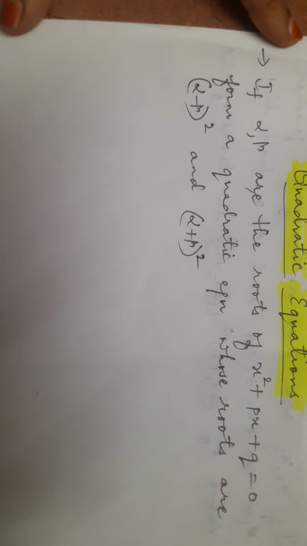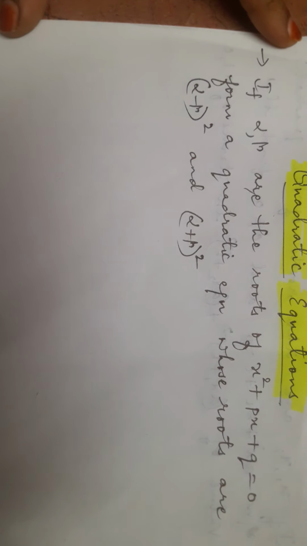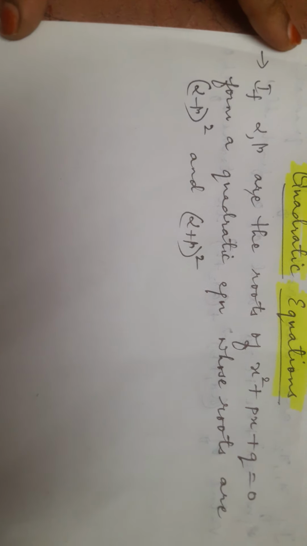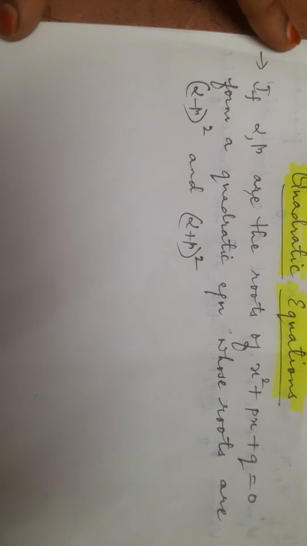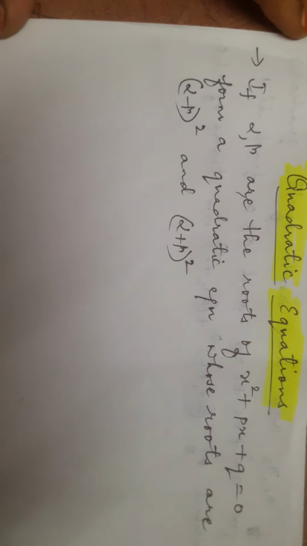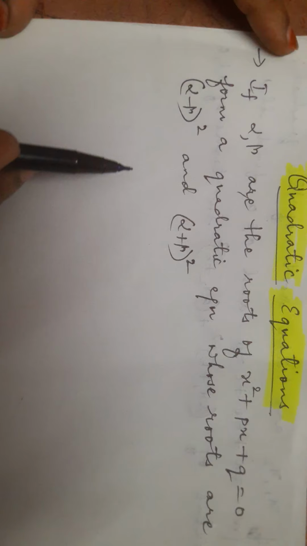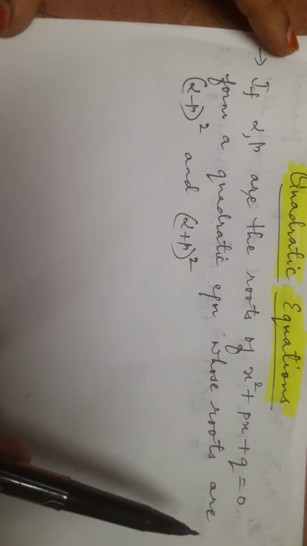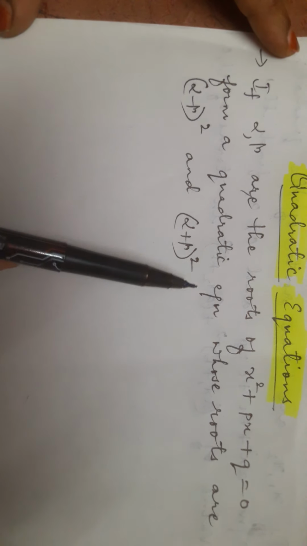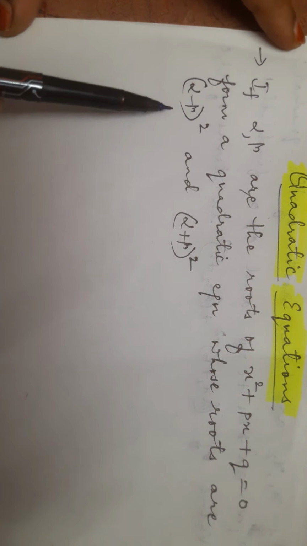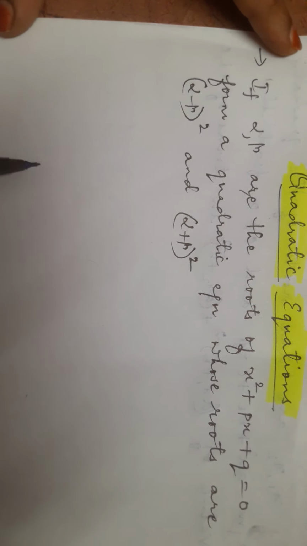In today's session, we'll be learning how to form a new quadratic equation in relation to the given equation whose roots are alpha and beta. The given question is: if alpha, beta are the roots of x square plus px plus q equal to 0, form a quadratic equation whose roots are alpha minus beta whole square and alpha plus beta whole square.